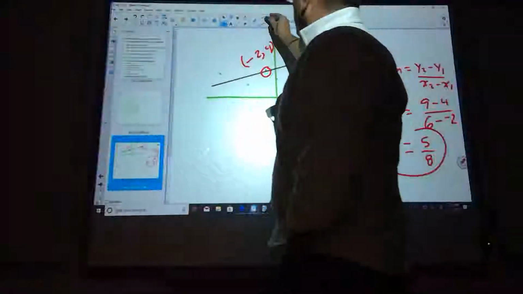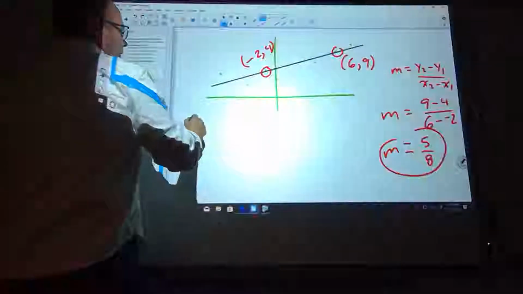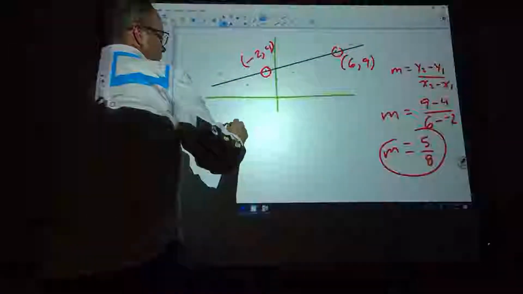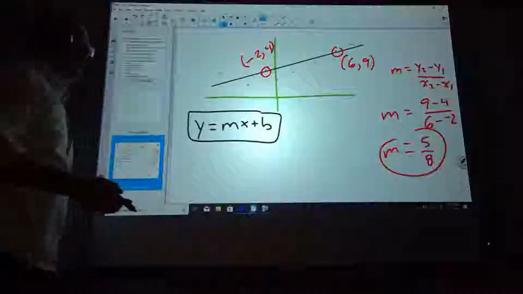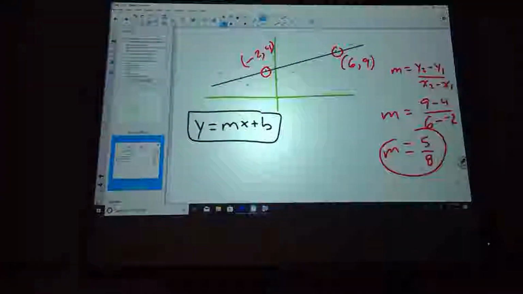Okay, so then we want to get this back to y equals mx plus b. I want to get there. So what did we just solve for? m. Is there an m in y equals mx plus b? Yeah. What do you think we're going to plug in for m? y equals 5 over 8 x plus b.